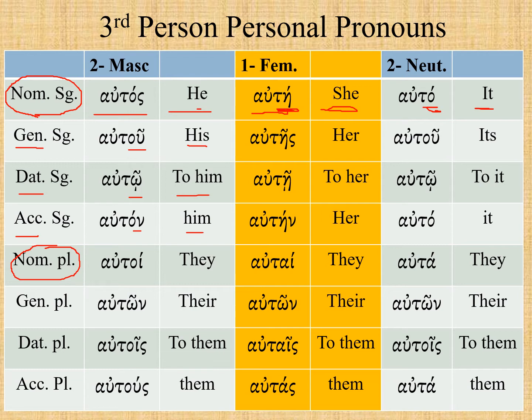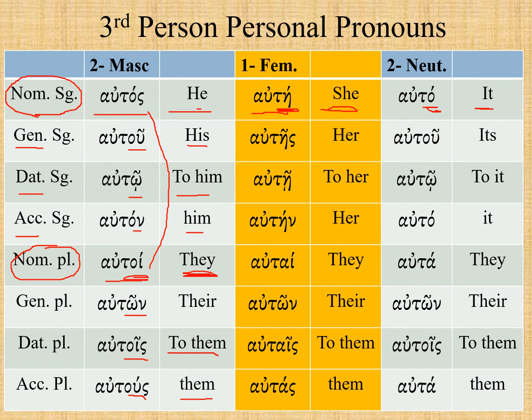Obviously you have to pay attention that autoi now is third person plural, so it is they, even though it is similar to autos. Genitive plural, auton, their, autois is to, in, or for them, and autous is them, accusative plural.